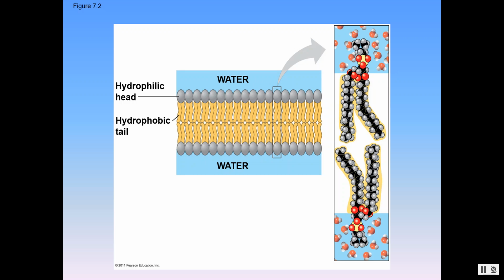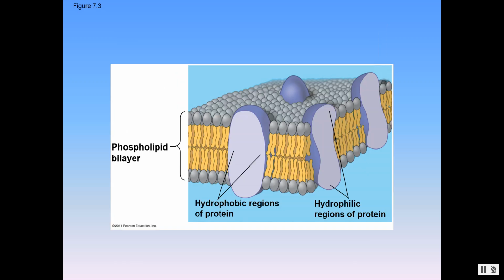So the phosphate heads turn outward towards the watery environment of the cell and the environment that the cell is found in. The hydrophobic or fatty acid tails turn away from the water because they're water repelling. They're fatty acids, right? So they're nonpolar. So this barrier that is the plasma membrane is a really, really good barrier because it prevents most things from readily crossing from one side to the other.